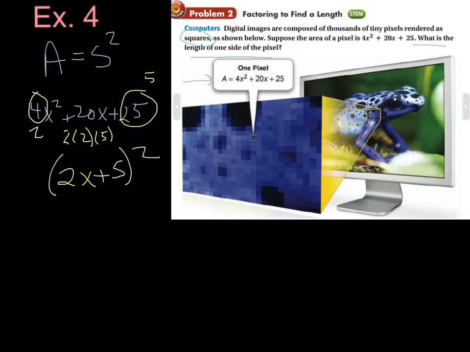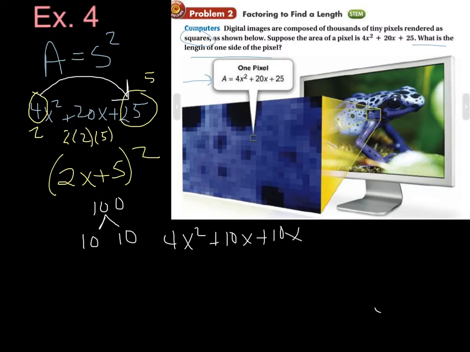If I don't recognize that pattern, then I go right back to my previous factoring and I take a times c and I get 100. And what multiplies to 100 but adds up to 20? Well, that's going to be 10 and 10. So I'm going to rewrite my 20x as 10x and 10x.